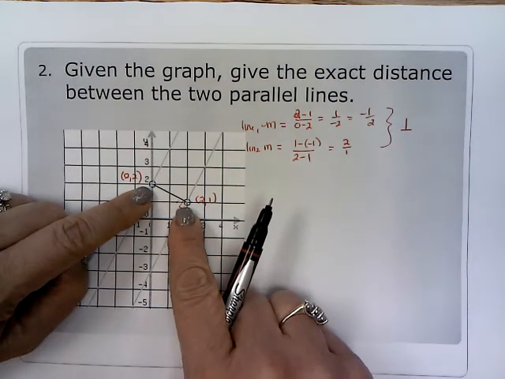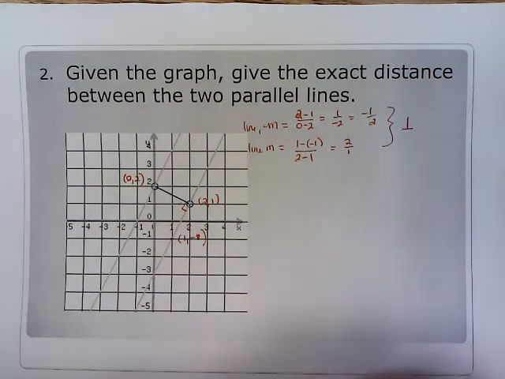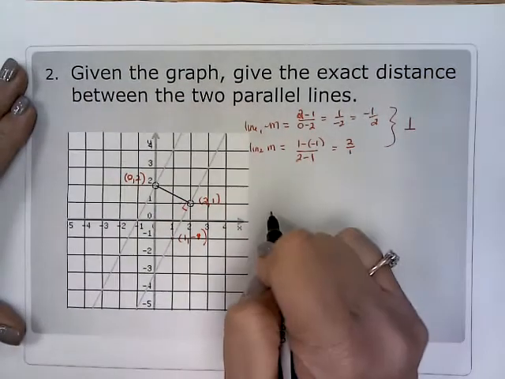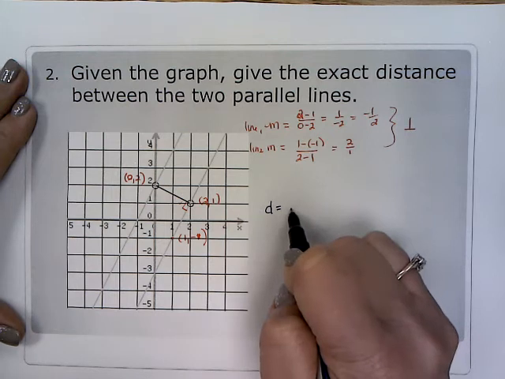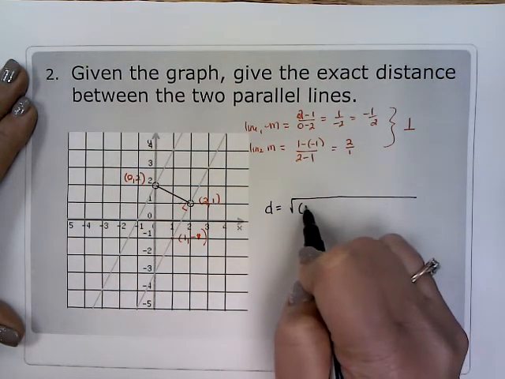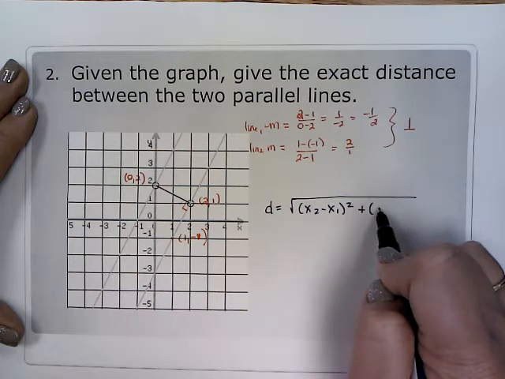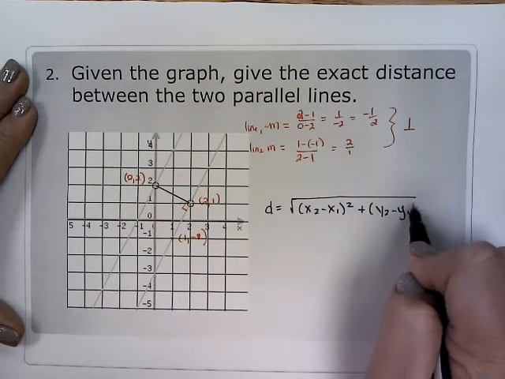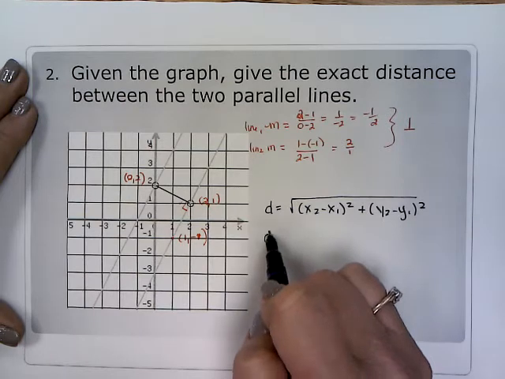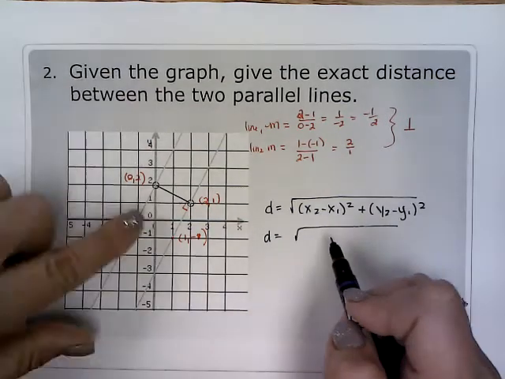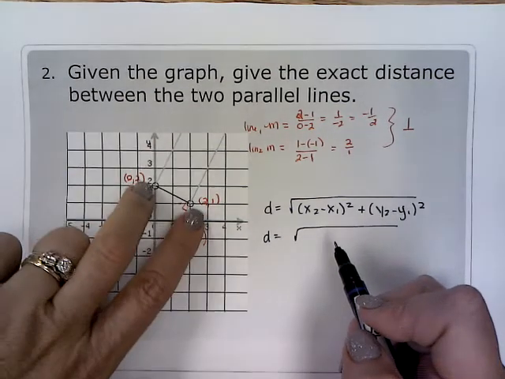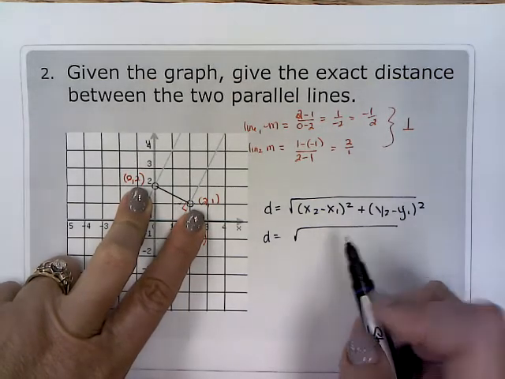So now, my distance formula tells me that the distance, same from Unit 1, is going to be the square root of (x2 minus x1) squared plus (y2 minus y1) squared. So now I'm finding the distance between these two points.